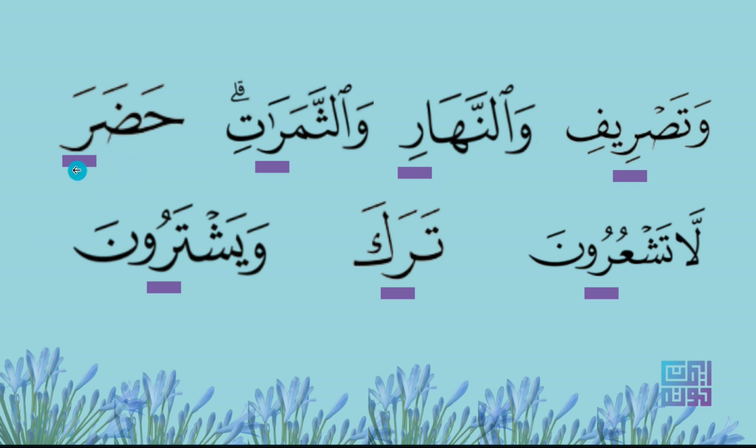So this one is elevated. Musta'liya. I'm going to pronounce it elevated. I'm going to say ra. While here, I pronounced it lowered. Ri. Here, I elevated it. Ra. And here also, it's going to be elevated. Ra.